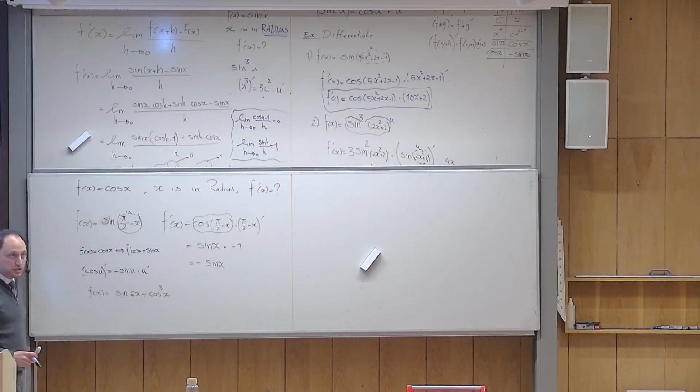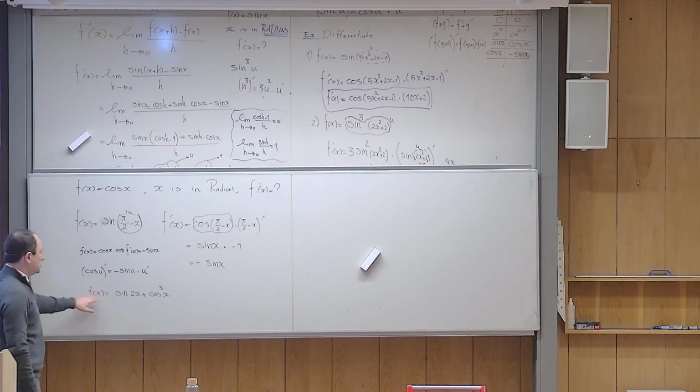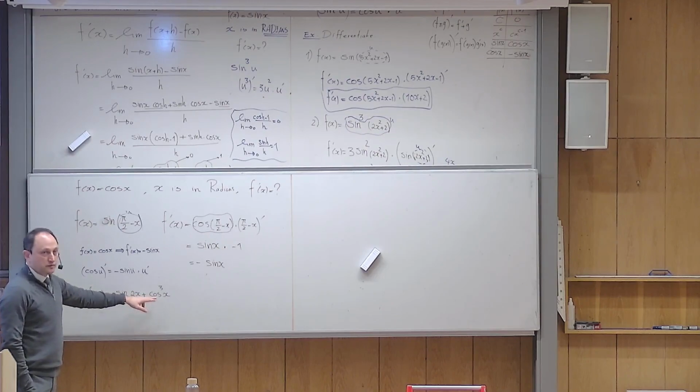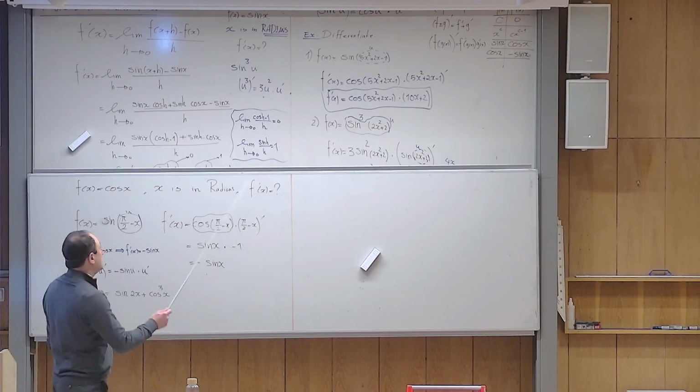You want to differentiate this function. If you understand what is going on here, it means that you really understood everything. So if I want to differentiate this function, first what I have to do, there is one of these rules. Which rule do I have to use first?